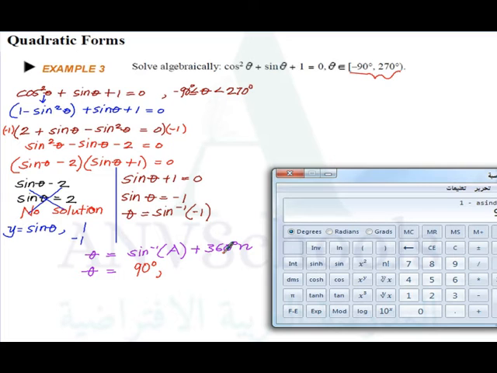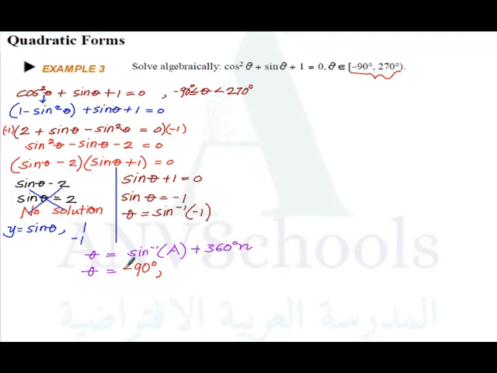So arcsine of -1 is equal to negative 90 degrees, and negative 90 degrees is also equal to 270 degrees, right?